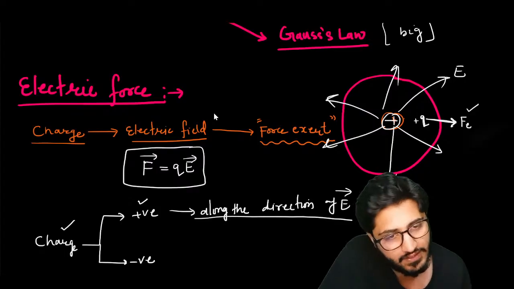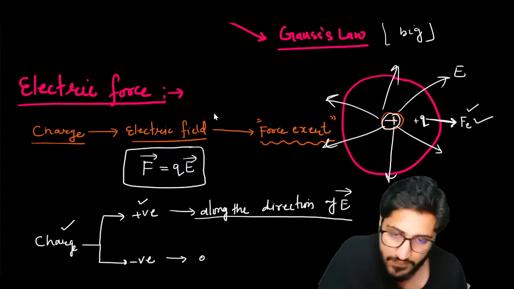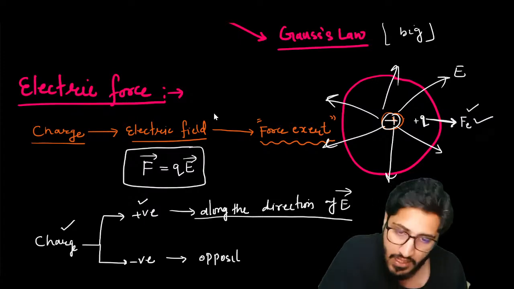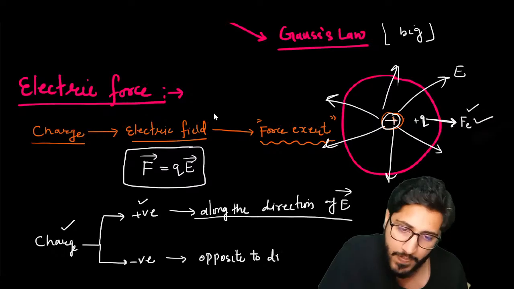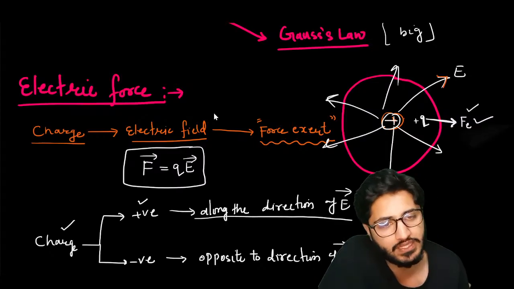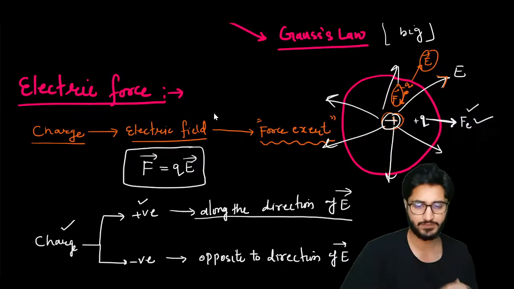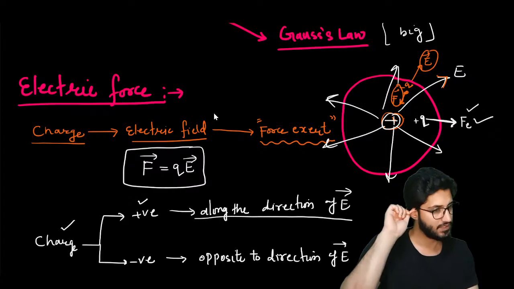If we have a negative charge, it will feel a force opposite to the direction of the electric field. How, sir? We know the electric field is outwards, but here the positive charge will attract the negative charge by force F, so this force F is opposite to the electric field. Very, very easy.